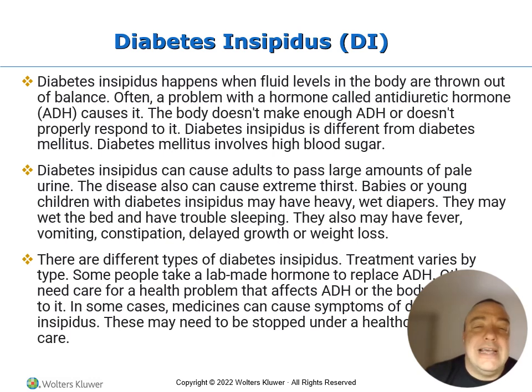We don't make enough ADH, anti-diuretic hormone, and we are peeing like nobody's business. You'll see an onset with babies and young children, and it's like they can pee for days. Or the kid that's always soaking their diaper for no reason. It's like, wow, they didn't even drink that much.